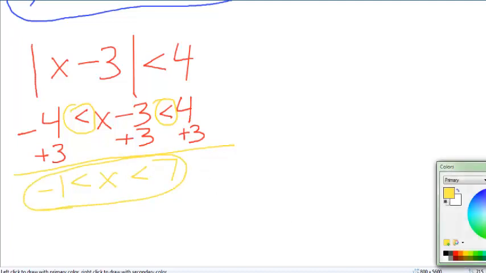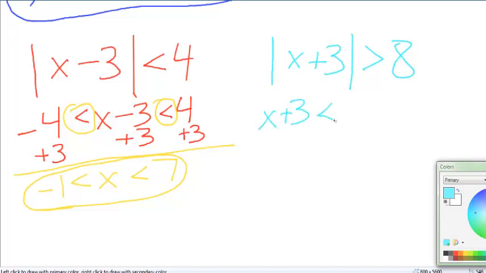If we'd done that same thing with greater than, absolute value x plus 3 is greater than, let's go with 8 this time. It's a greater than, so that means it's outside that range. So it's either x plus 3 is less than negative 8, or x plus 3 is greater than 8.